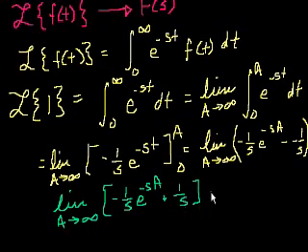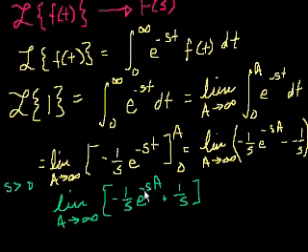So what's the limit as a approaches infinity? Well, what's this term going to do? As a approaches infinity, the exponent is going to get, if we assume that s is greater than 0, and we'll make that assumption for now. Actually, let me write that down explicitly. Let's assume that s is greater than 0. Then as a approaches infinity, this term is going to go to 0, right?